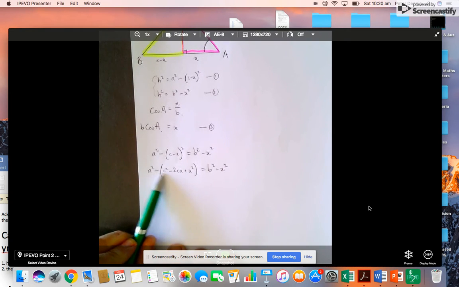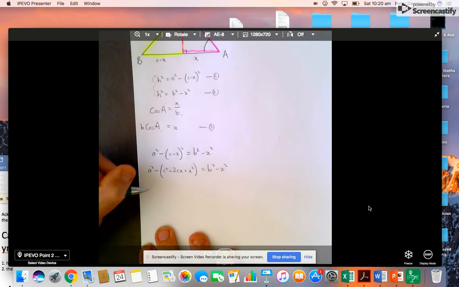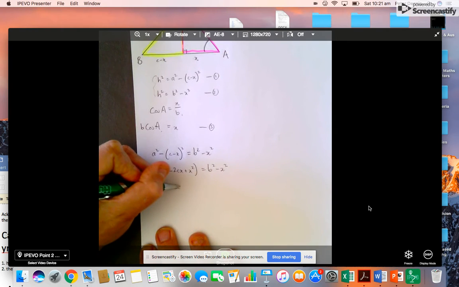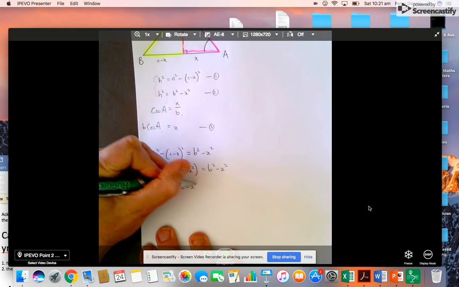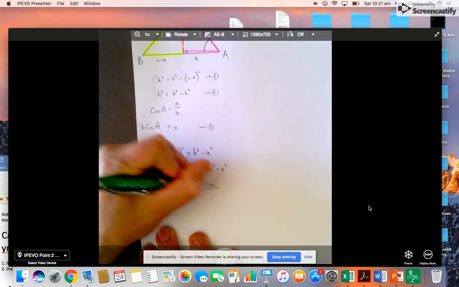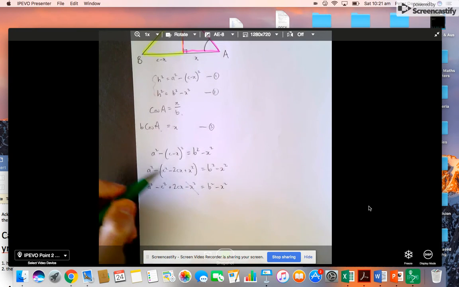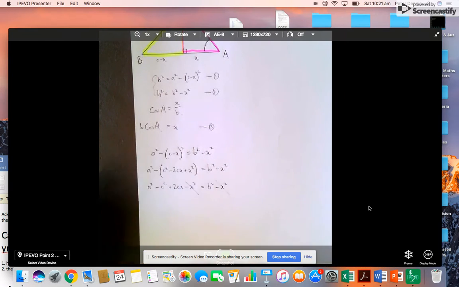Now we're going to expand this bracket. There's a minus out the front, so it's going to change all those signs. So we're going to get a squared minus c squared plus 2cx minus x squared equals b squared minus x squared. And straight away that's nice, because you've got a minus x squared there and a minus x squared there, and they cancel out.